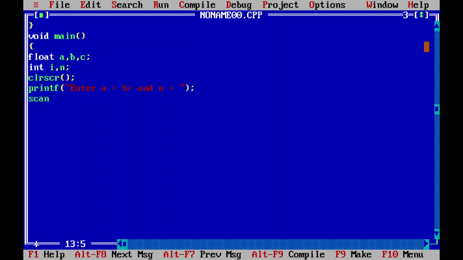Scanf with %f for floating type, so %f, and n is %d, so &a, &b and &n.